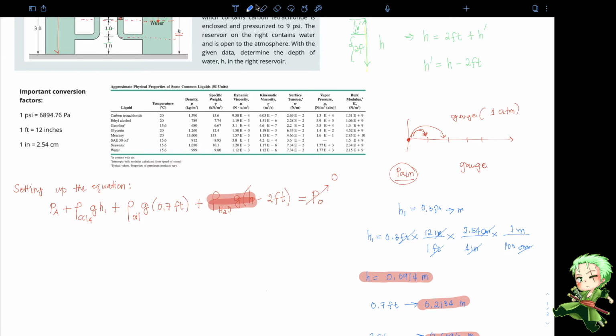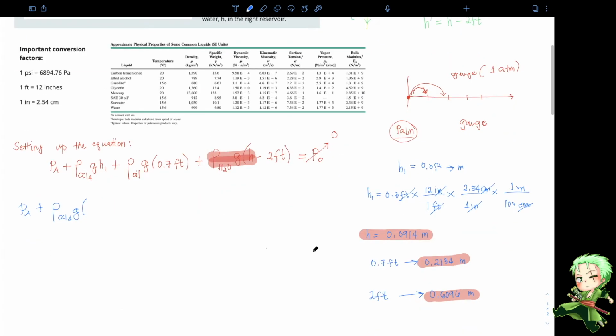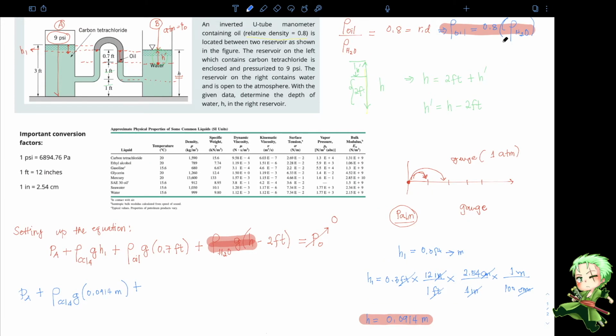When you do that, you will have Pa plus the density of carbon tetrachloride multiplied by the acceleration of gravity, and then H1, which is 0.0914 meters, plus the density of oil, as we have re-expressed here, is 0.8 of the density of water.